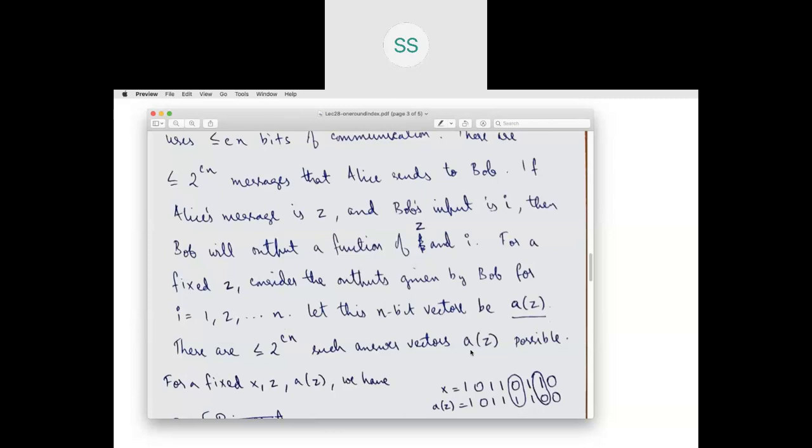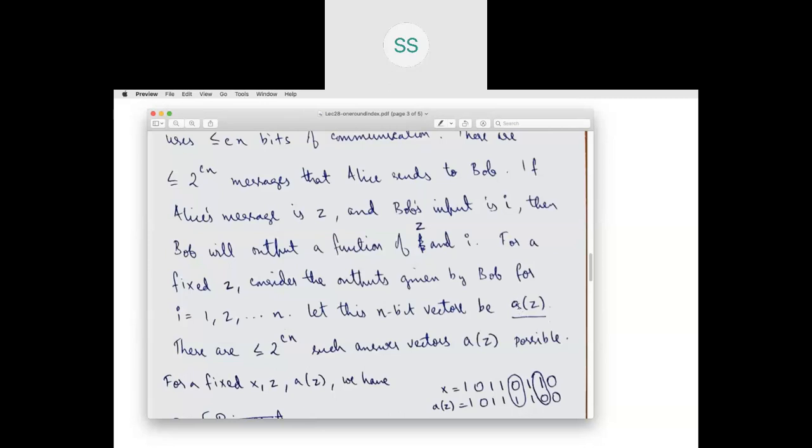Now these n bits, we can consider as an n bit vector, and we'll call it A of Z. So it's a function of Z, because once Z is given to Bob, these responses of Bob for each of these i's that he is holding are determined, because it's a deterministic protocol.